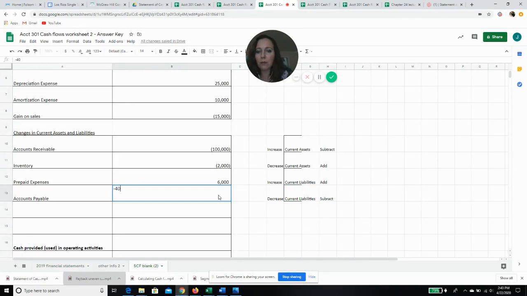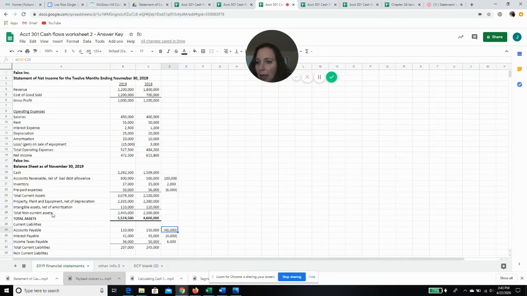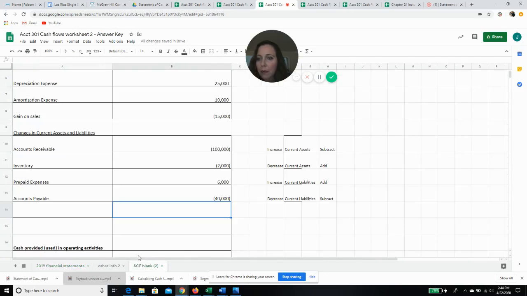So I'm going to say negative $40,000. And I have a $4,000 decrease in interest payable, and a decrease in current liabilities means I subtract. So I'm going to subtract $4,000.